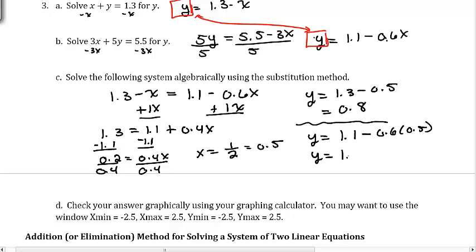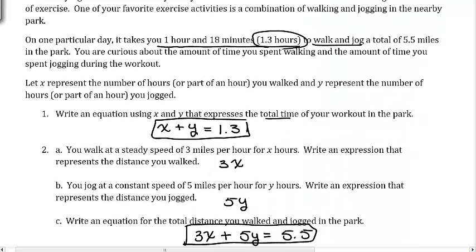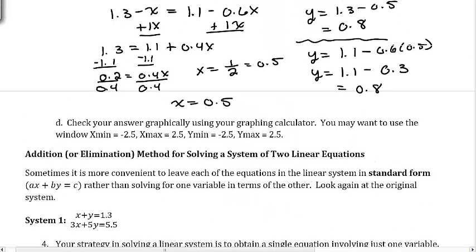And that's y = 1.1 - 0.3, and subtract that from 1.1, and you get 0.8, just like we did with the other equation. This was the amount of time that we spent walking.